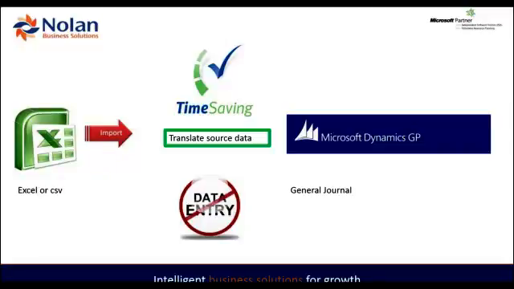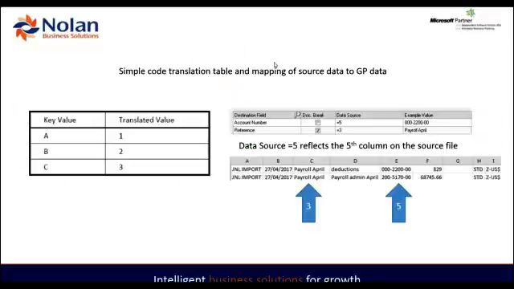Okay, so the way the data can work is it can take a simple code translation. You don't necessarily need to use it, but you can use a simple table to say what your value is and what you need it to be in order to be accepted within GP.